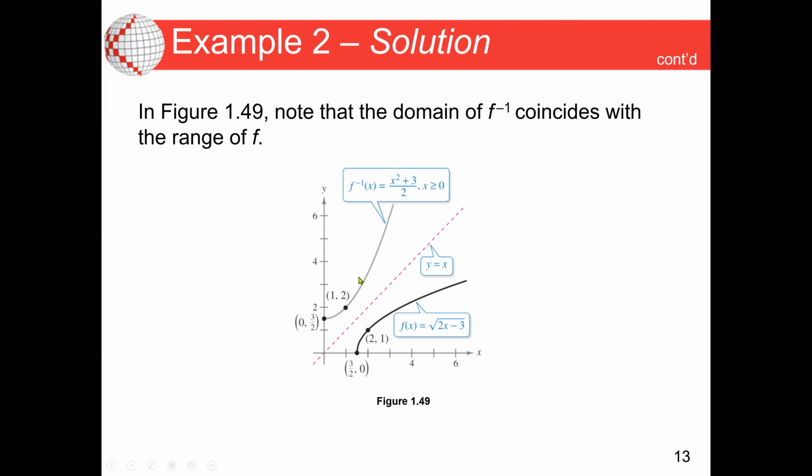We can see it to be a mirror image. So f of x is square root of 2x minus 3, then we have f inverse of x equal to x squared plus 3 over 2. And again, this is a mirror image, or they are symmetrical.